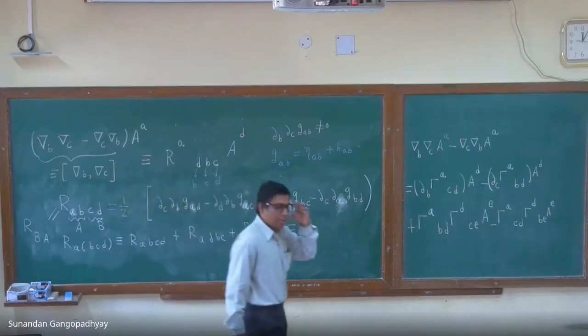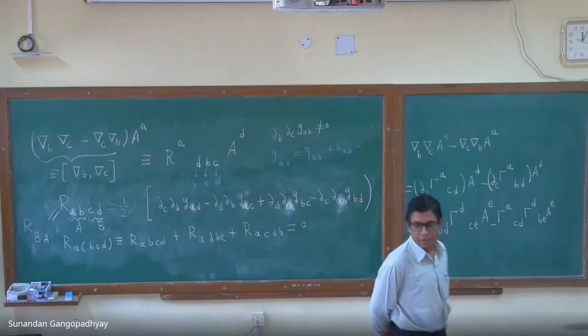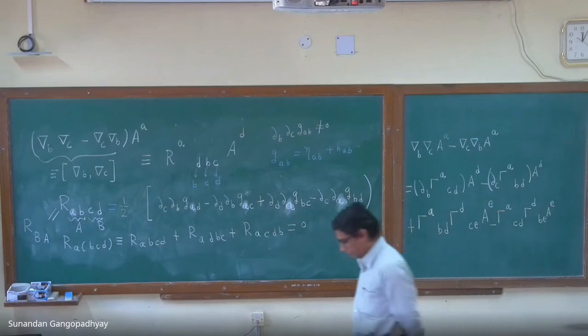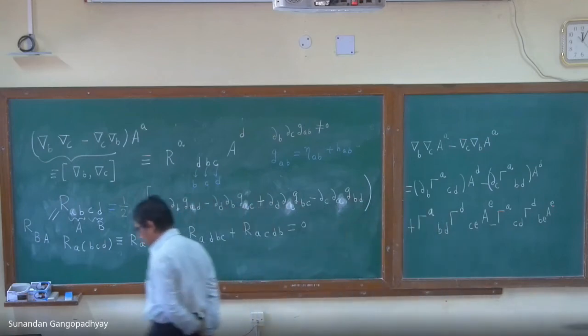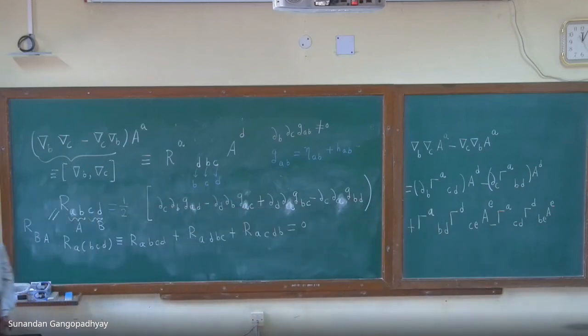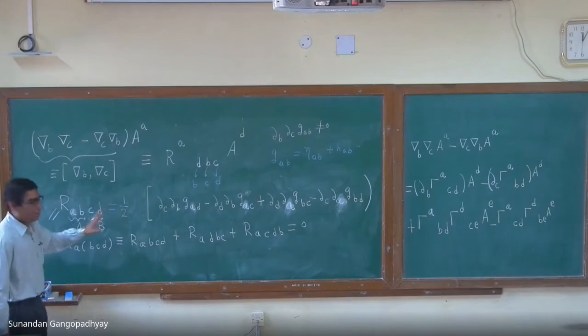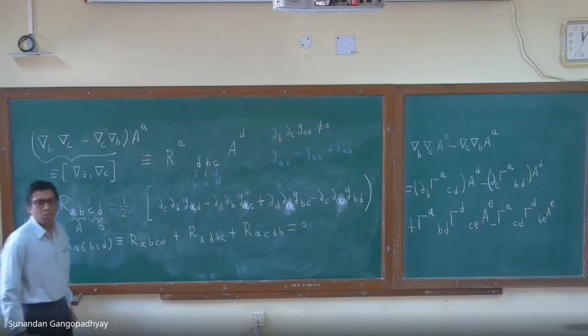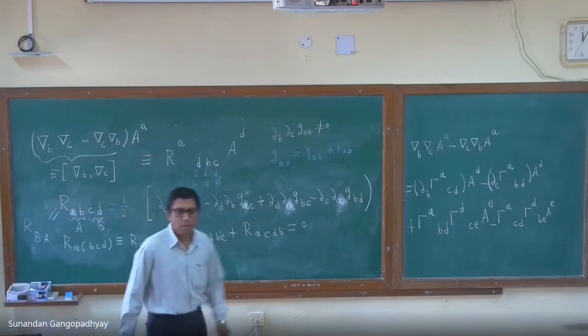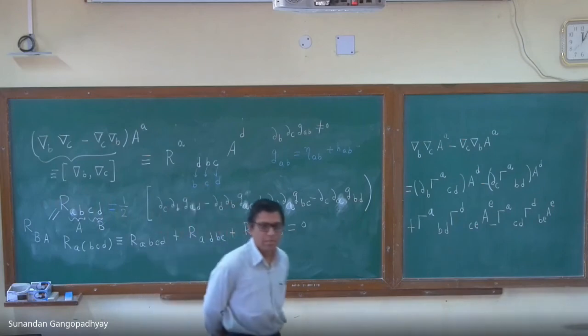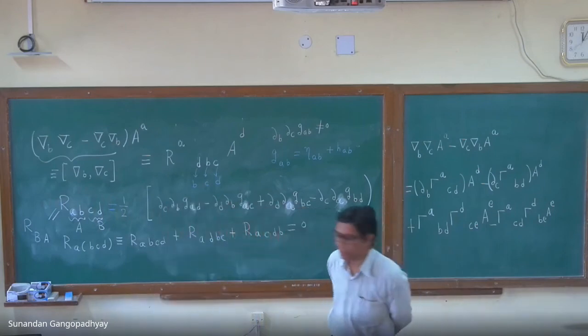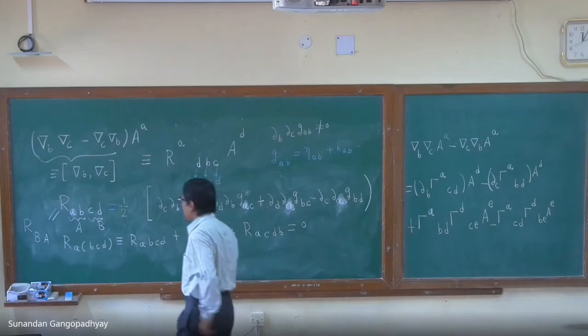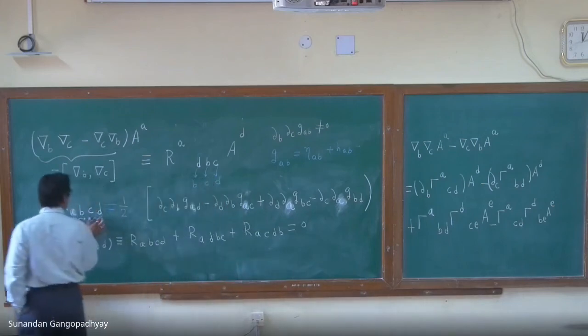So now the question is, how many independent components are there for this R A B C D? Without knowing any symmetry property, how many independent components should be there? Huh? That is 256. So there should be 256 independent components. But it turns out that this is antisymmetric, and this is antisymmetric.